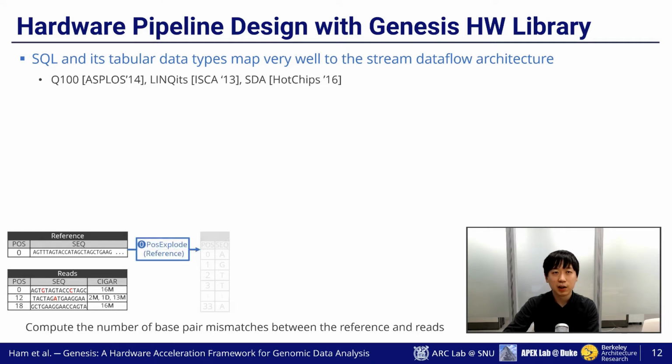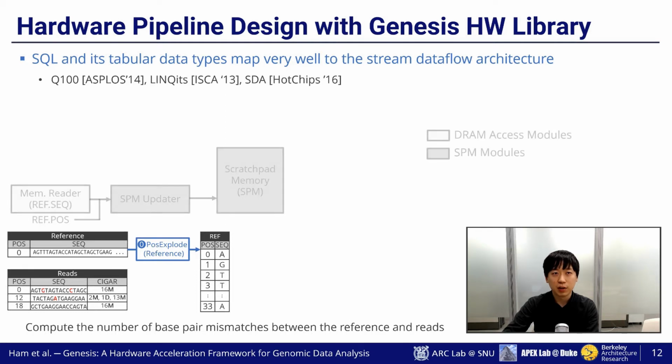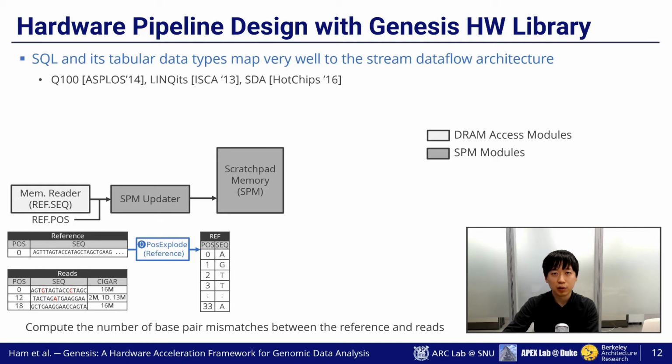The very first step of the example query is to pos-explode a reference row. Since the reference data is reused for multiple reads, this data needs to be mapped to the on-chip scratchpad memory in order to take advantage of data reuse. For this purpose, the reference sequence is loaded from memory using a memory reader module of the Genesis hardware library, and then provided to the SPM updater module along with the constant pos value.